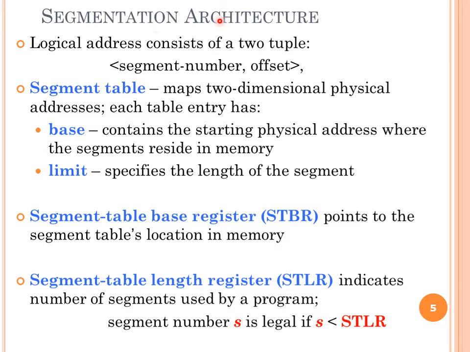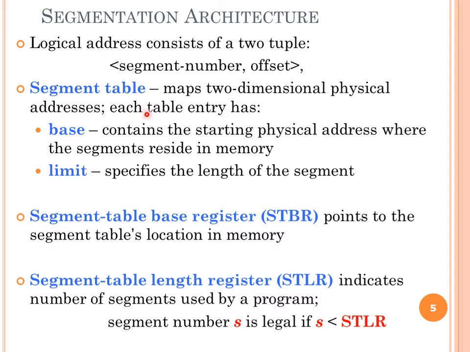So the architecture of segmentation includes the conversion of logical address into physical address. The logical address in segmentation consists of 2 parts. Like for the page tables, you have the segment number here and offset. In the page table we had page number and an offset. So the segment table maps the two-dimensional logical address to the two-dimensional physical address.